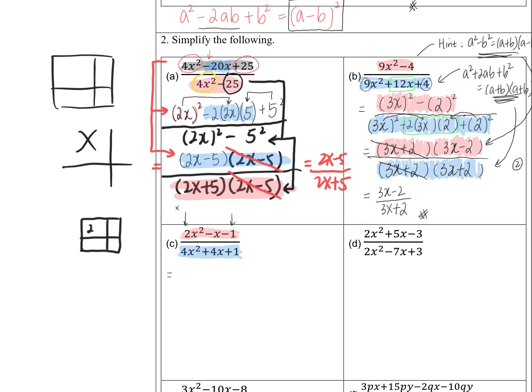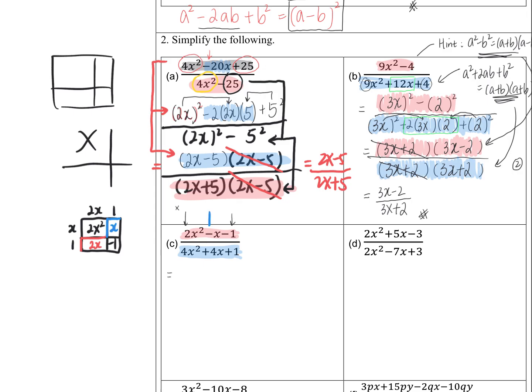So I try first, 2x square, one must be 2x, one must be x. Then the last one here, I must put minus 1. So I ask myself, one must be plus, one must be minus. But I cannot decide which one minus first. So I'm going to find this one first. 2x times 1, so this is 2x. 1 times x, so it's x.